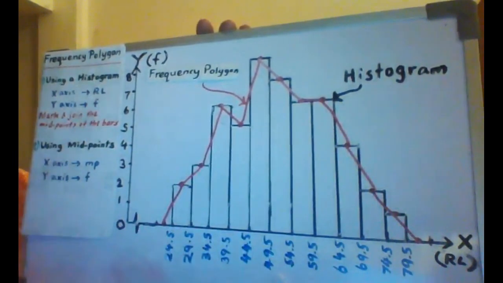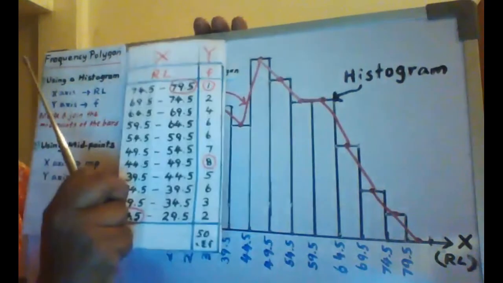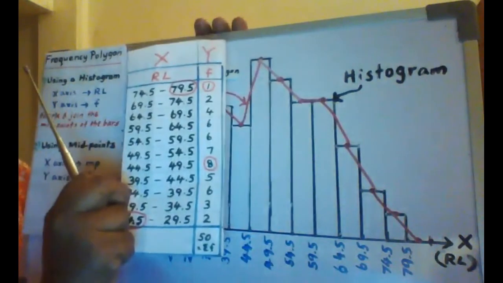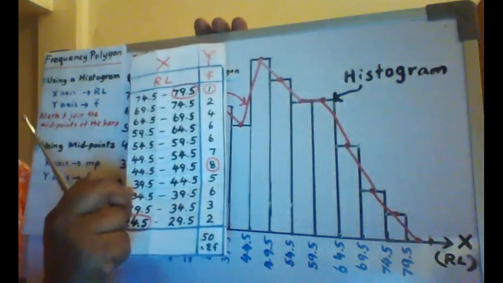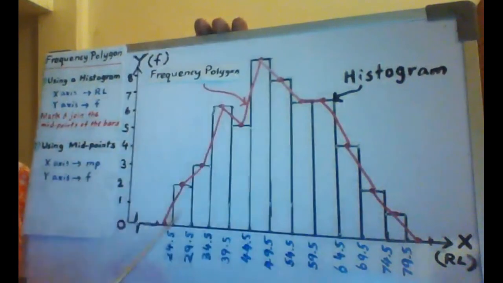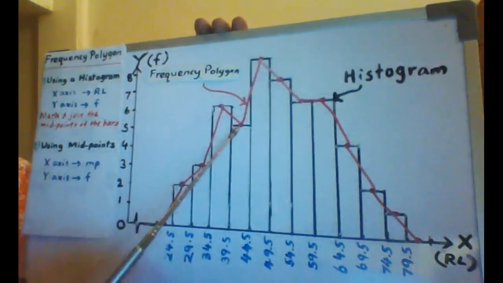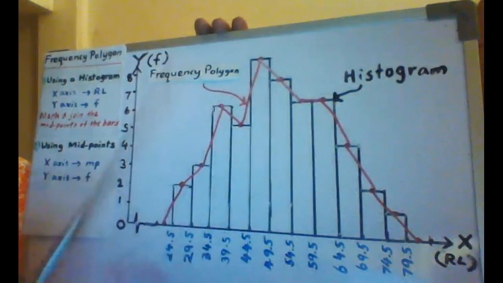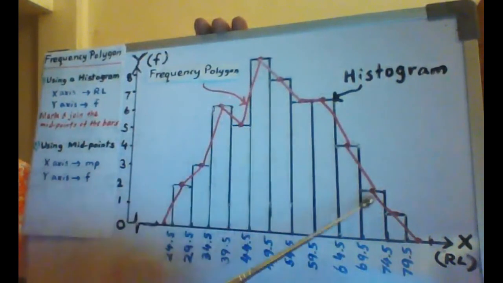So if you get a set of data like this, you have to take the real limits and draw the histogram first and mark the midpoints of the bars. Use a ruler and join them.